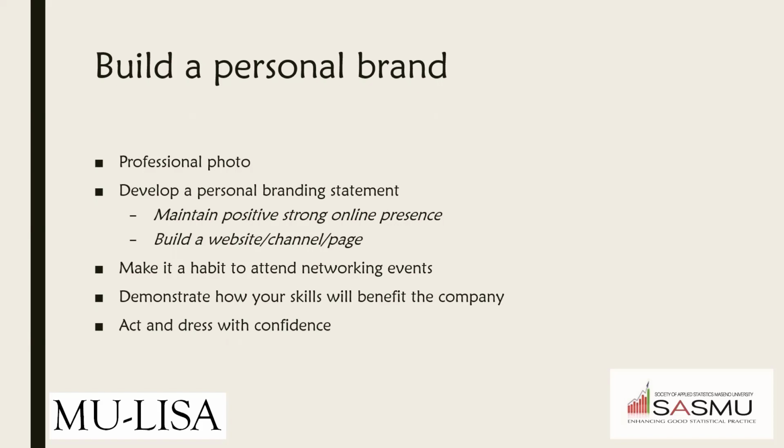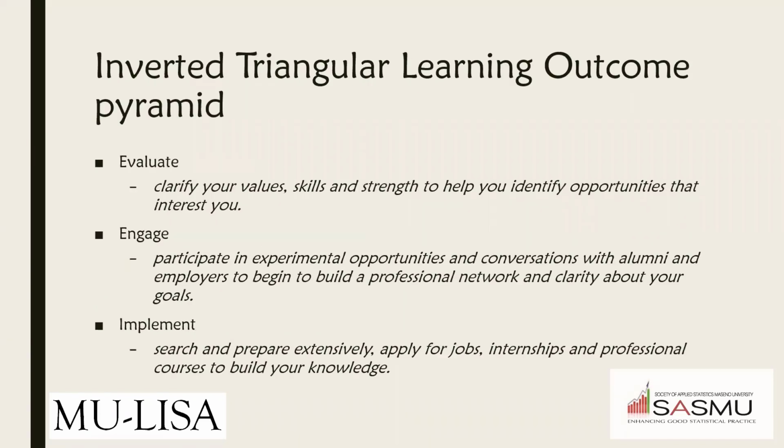And then she also added there is a need for us to engage in events that help us to know one another and to meet different people who could actually help us forge a path in our career line. Of course, again, she mentioned the importance of dressing and acting in confidence. One great thing I remember was the inverted triangular learning outcome, which means you look at yourself, you evaluate yourself.